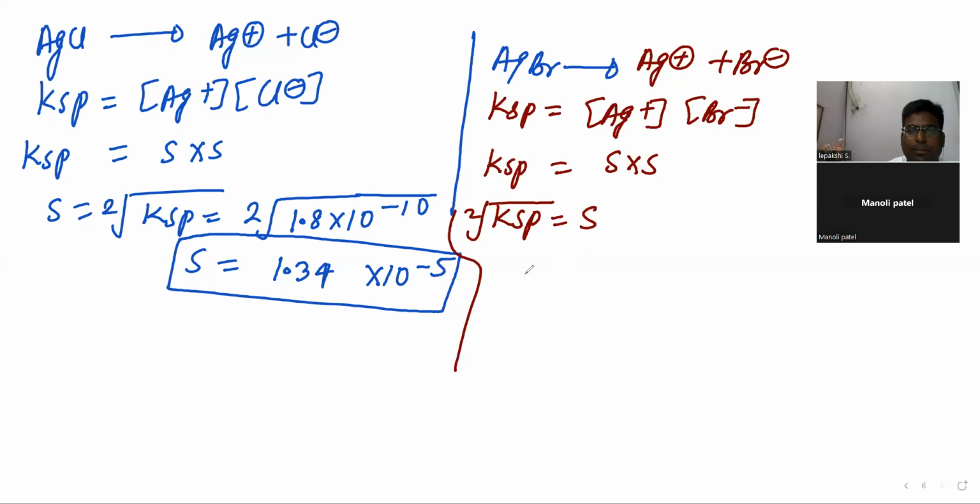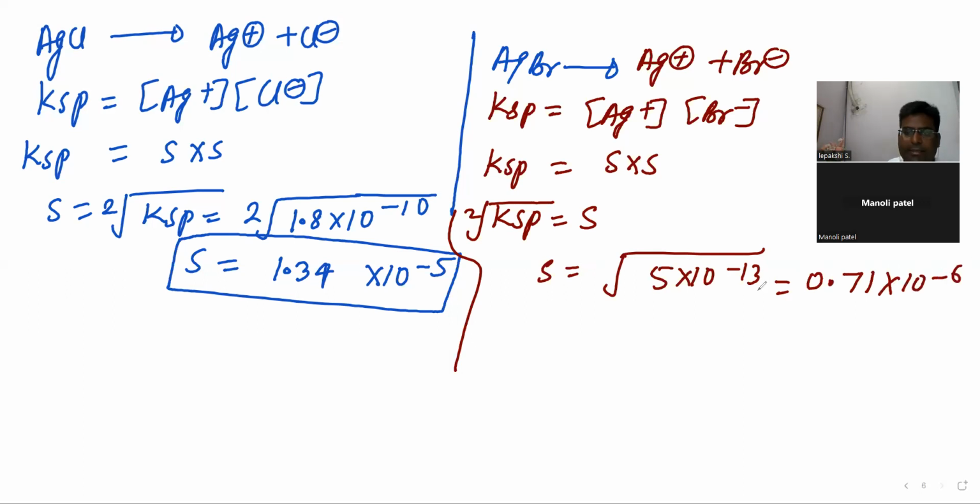We know the solubility product for silver bromide is 5 × 10^-13, so S is the square root of that, which is 0.71 × 10^-6.